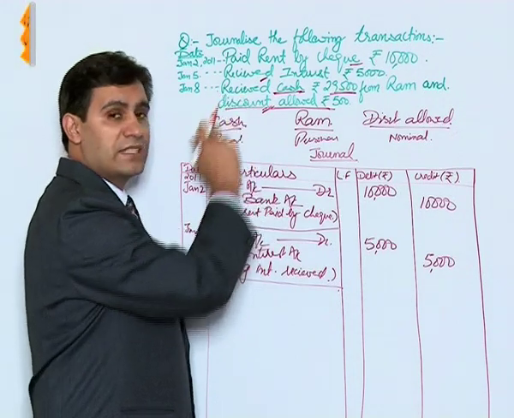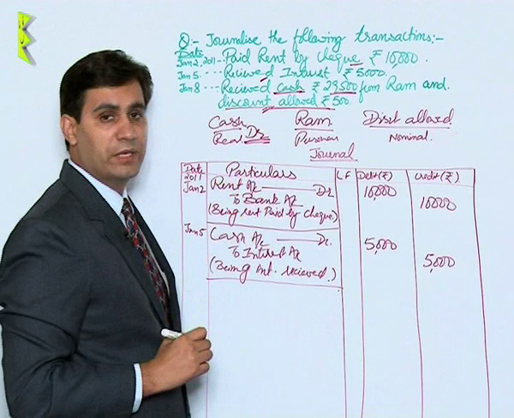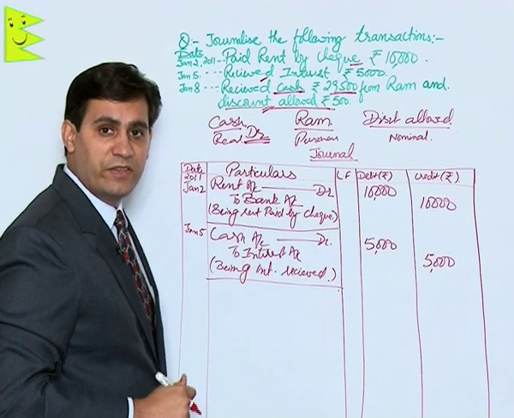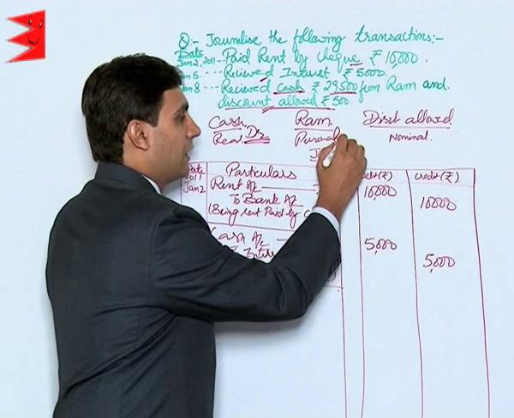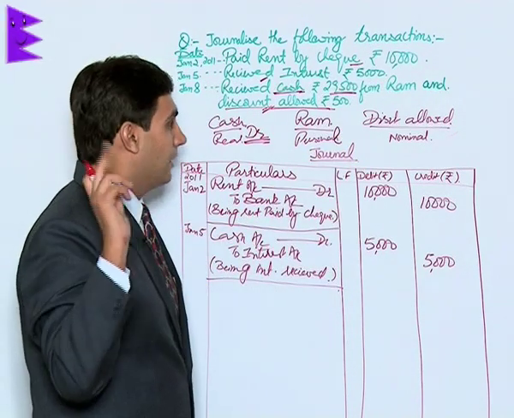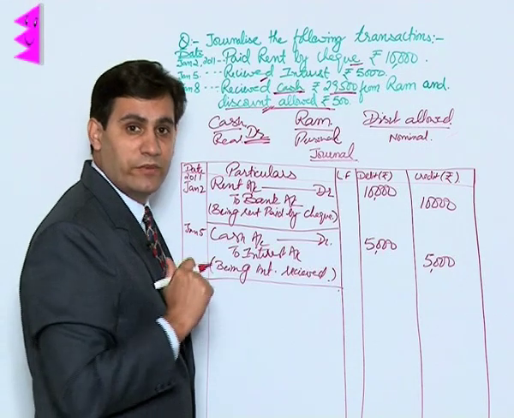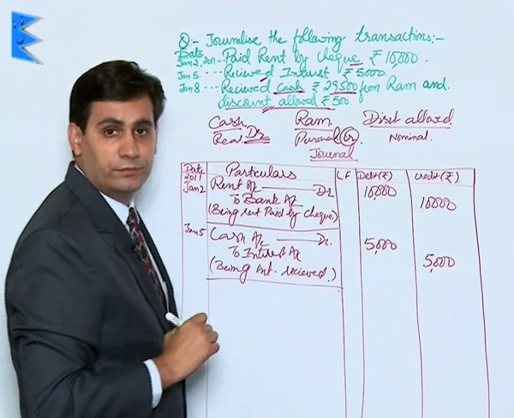So since we are receiving cash, debit what comes in, cash is debited. Ram is giving us this amount of cash. So according to the personal account rules, debit what comes in, debit the receiver, credit the giver. So this would be a giver, hence credited.